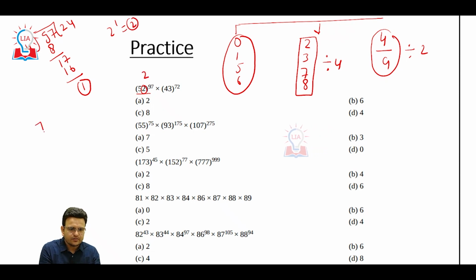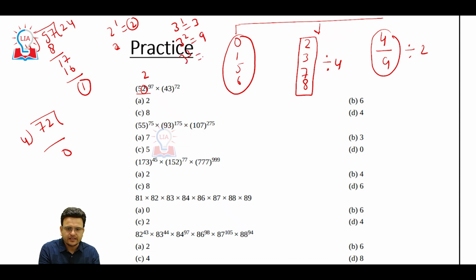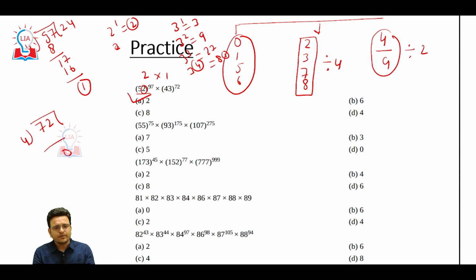Again 72, when we divide 72 by 4, remainder will be 0. When remainder is 0, like 3 to the power 1 we have 3, 3 to the power 2 we have 9, 3 to the power 3 we have 27, and 3 to the power 4 means no remainder, we have 81. So here we are going to get 1, and answer will be 2 1 are 2. So try to solve remaining questions also.